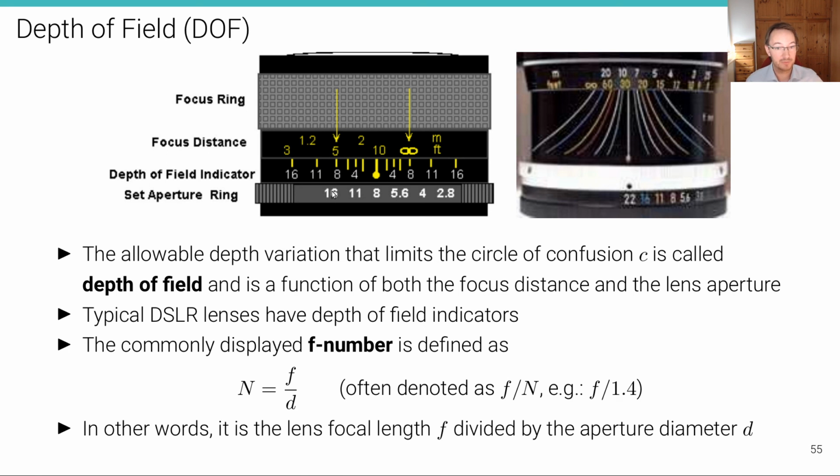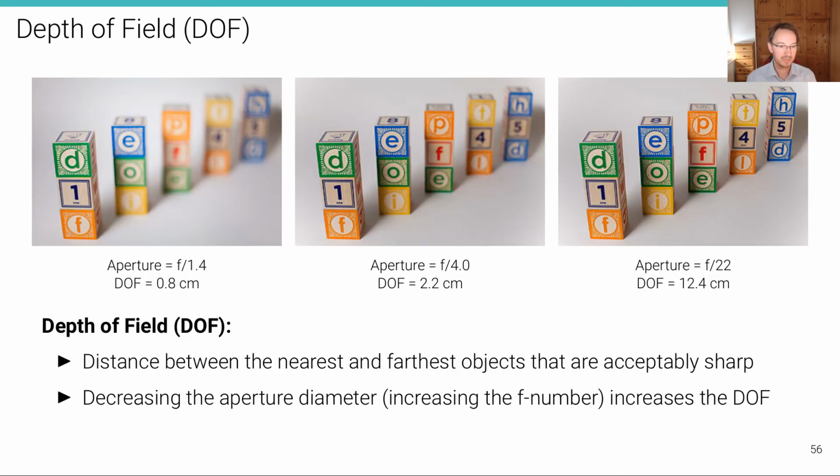So if the f number is very large, let's say 16, then you have a very large depth of field. But if you make the aperture large, let's say 2.8, then the depth of field is very shallow. You get this depth of field effect. And this is indicated here.